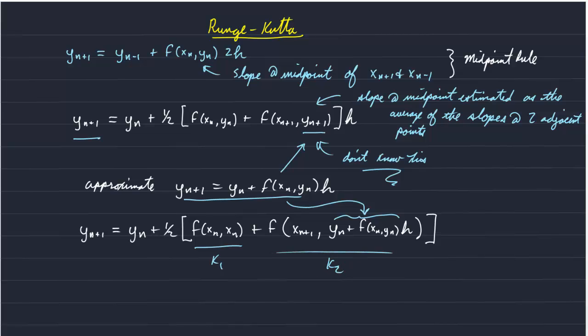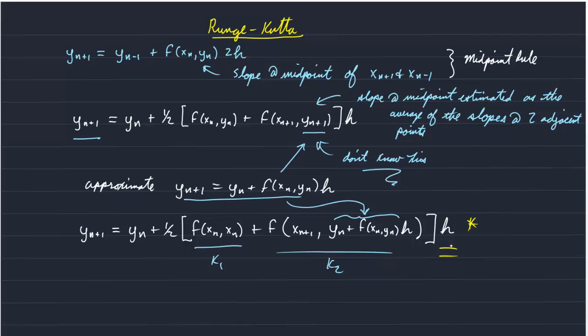Oh, and now that I'm looking at the equation, I'm realizing I forgot to multiply this average slope by h. This is an important correction, right? Because the estimate for the new position is the starting position plus the mean slope times h.